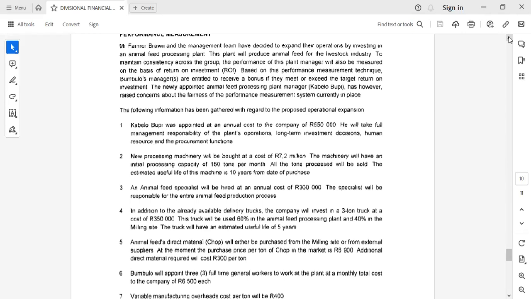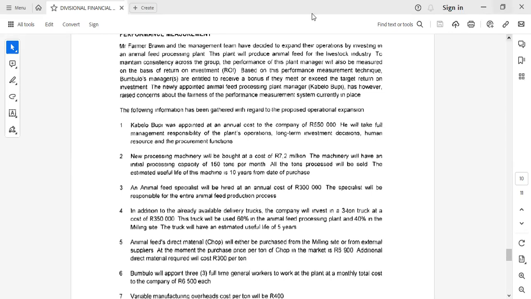Kabelo Bupi was appointed at an annual cost to the company of 550,000. You will take full management responsibility of the plant's operations, long-term investment decisions, human resources, and procurement functions.